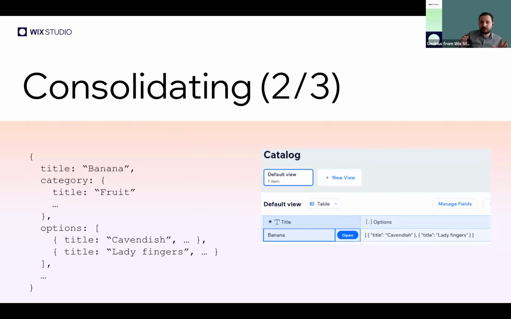Another thing to remember about the data model of Wix Data is that it's a document store. Although in the CMS it looks like a table, we present it like a table as it's a convenient model to work with, you can always store any JSON you want. So you can include an options array, which includes other objects from other collections, and you can specify options as an array and see it in the CMS.